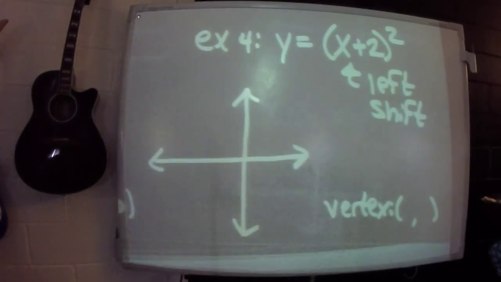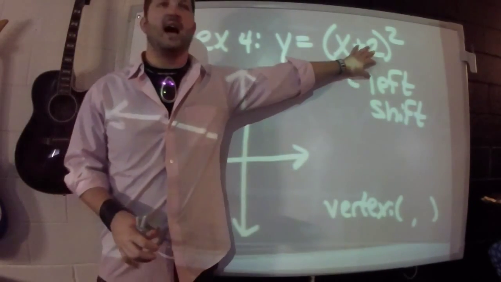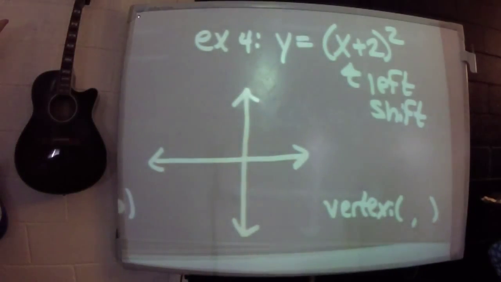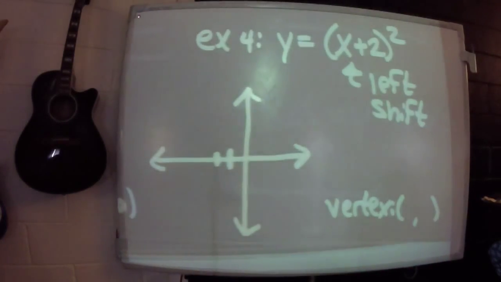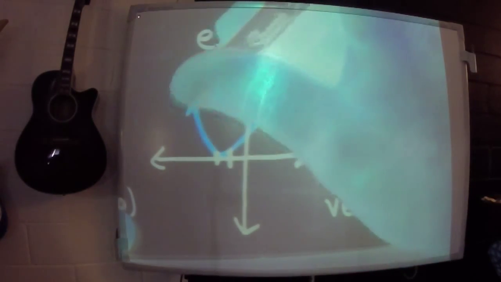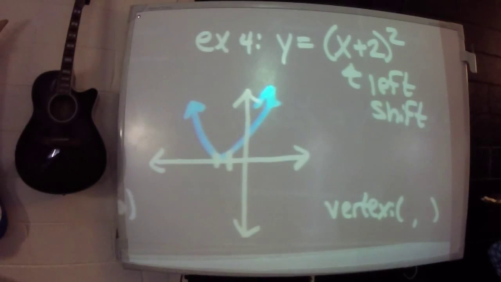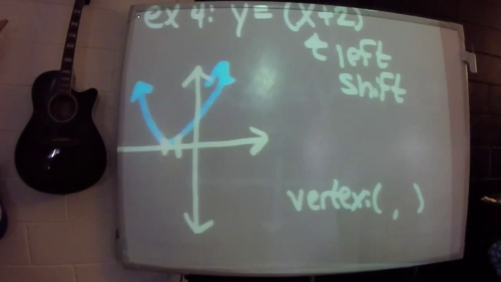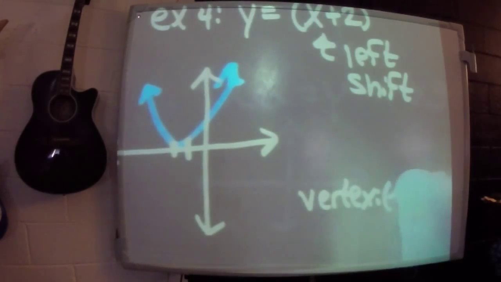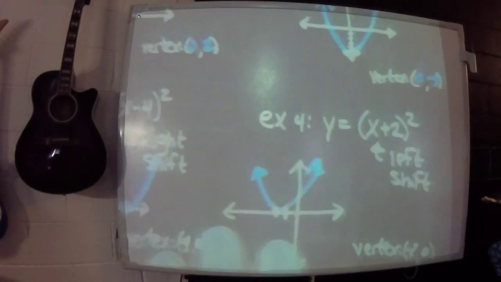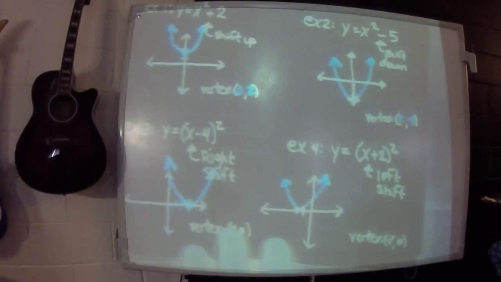A number inside shifts you left, but not the direction you would think at first. This is shifting left by 2. And the vertex of this guy is what? Negative 2 and 0.